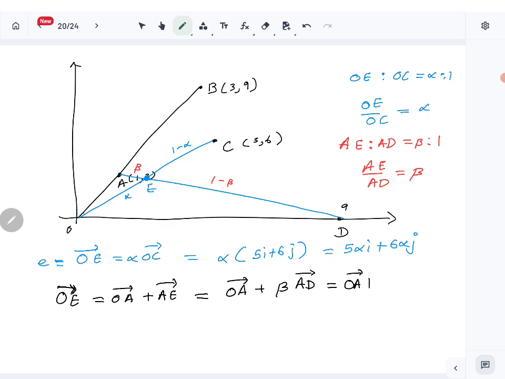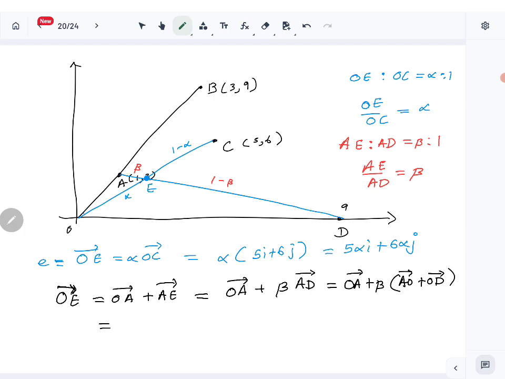And then what is the AD vector? That we need to find. We haven't found that yet. AD can be written as AO plus OD, using the triangle law, triangle addition of vectors.